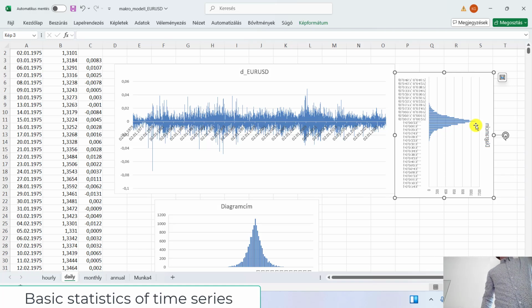Also, we can see that the width of the body of the distribution will show us what the expected range of potential data is. So if this is narrow, so it doesn't fluctuate at all, then the body of the histogram will also be really narrow.